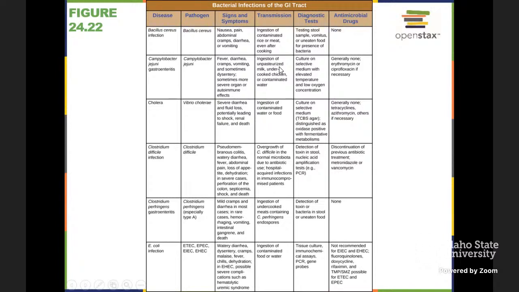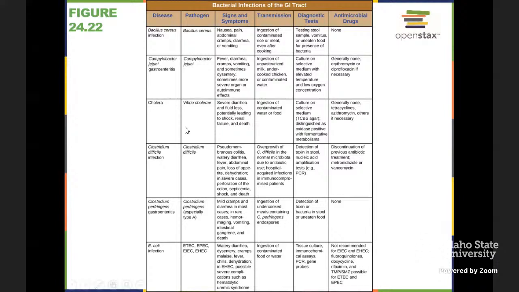Unpasteurized milk is the main culprit for this, but we can see it in other situations. Undercooked chicken, who would do that? Accidentally, my gut says. Undercooked chicken or potentially contaminated water that's ultimately been contaminated with fecal material from cows is usually what's happening with that.